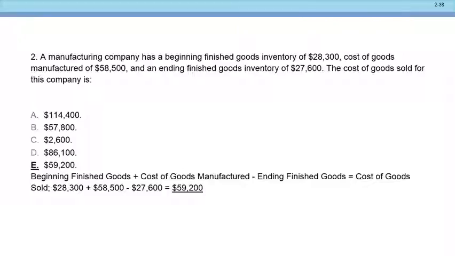Then I have my cost of goods manufactured, which is the amount that gets transferred out of work in progress and goes into my finished goods. So I know that that's the add for the period, cost of goods manufactured. How much is that? 58,500.